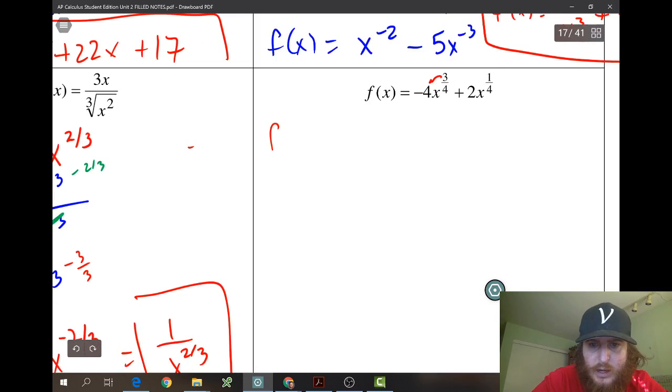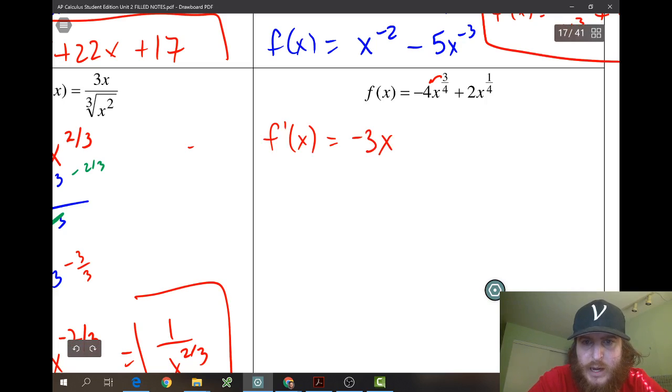So f prime of x equals 3/4 times negative 4 is negative 3x. And the shortcut, right, we're subtracting 1, which is 4 over 4, but the shortcut is just to subtract the denominator from the numerator, so to the negative 1/4. Then plus 1/4 times 2 becomes 1/2. x to the 1 minus 4 is negative 3/4.